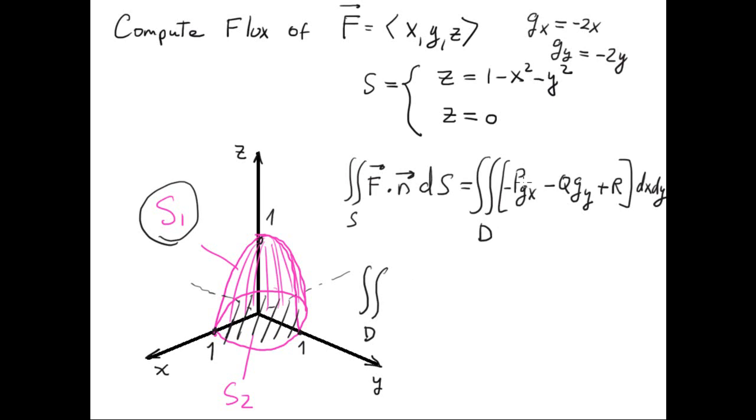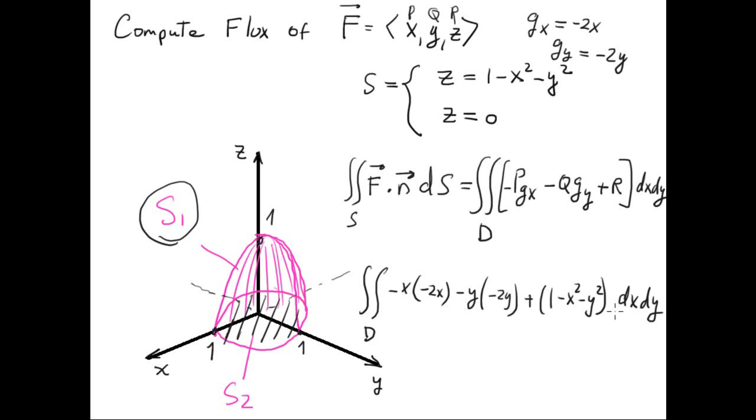This is P, Q, R: P is minus x times minus 2x, which is gx, then minus y times gy, which is minus 2y, because Q is y and R is z. But you cannot write z, you write 1 minus x squared minus y squared, because any variable we're using in the double integral is just x and y, no? dx dy.